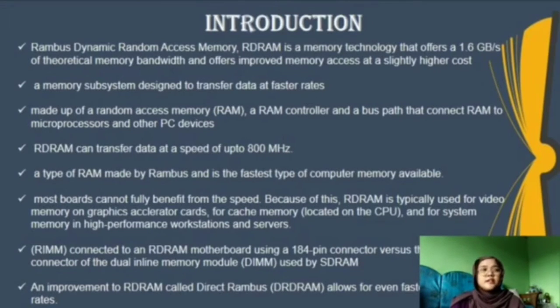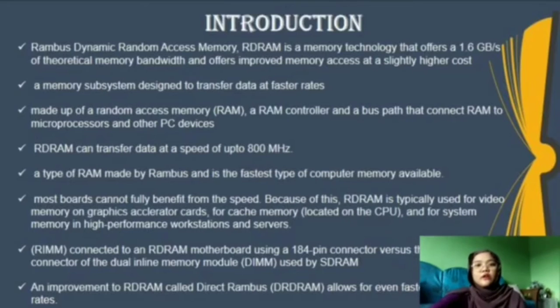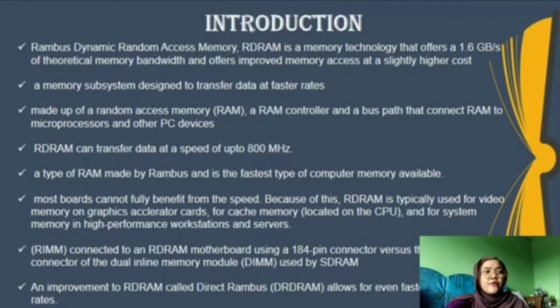RDRAM is made up of random access memory (RAM), a RAM controller, and a bus path that connects the RAM to microprocessors and other PC devices. RDRAM can transfer data at speeds up to 800 MHz. It is the type of RAM made by Rambus, and it is the fastest type of computer memory available.